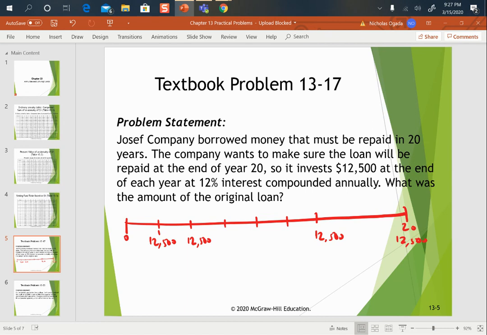So again, remember, the question is saying you want to make sure that you have enough funds at the end of year 20 so that you can use those funds and repay the loan. So again, you can look at this problem from two perspectives, and you have to make some assumptions.